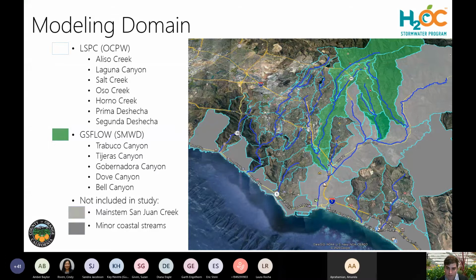Those are specifically areas that are more influenced by groundwater surface water interactions and potential pumping operations, where that model provides a better representation of those.